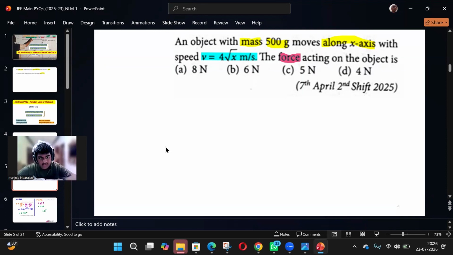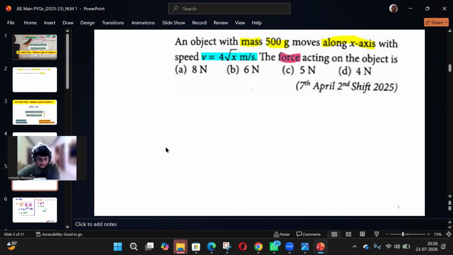If along the x-axis, that means y is 0. Force is mass and acceleration. Find the acceleration.